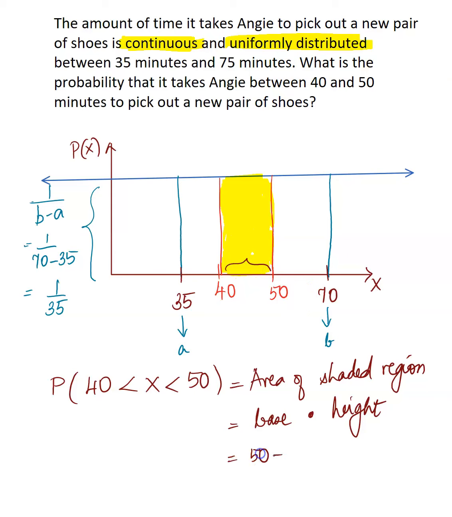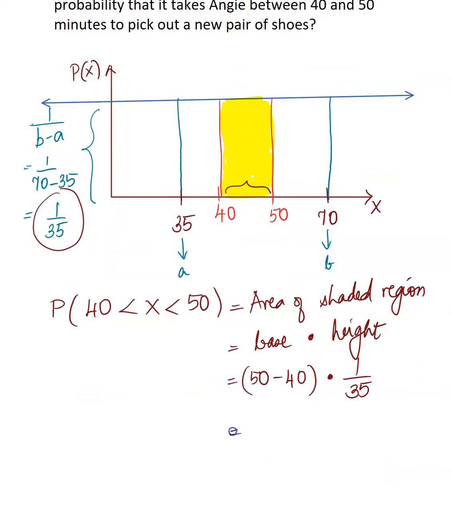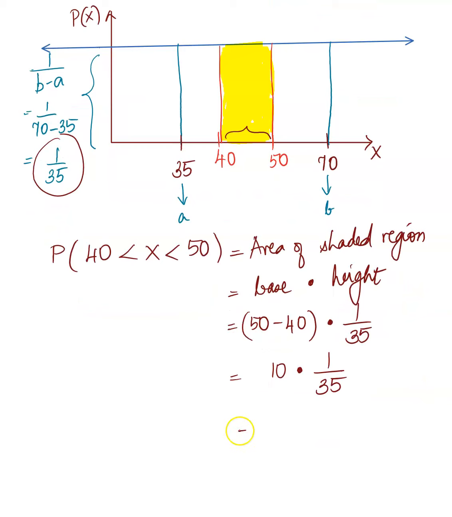So it's basically 50 minus 40 times the height, which is just what we found here, the p of x. So that's 1 over 35, which is 10 times 1 over 35. Then reduce it, 5 cancels twice here and 7 here. So we can leave your answer as a fraction, it's 2 over 7.